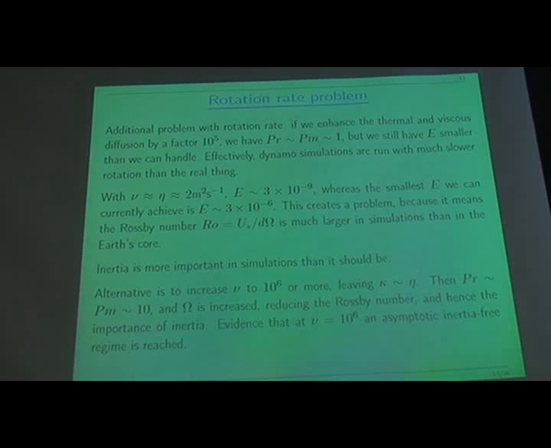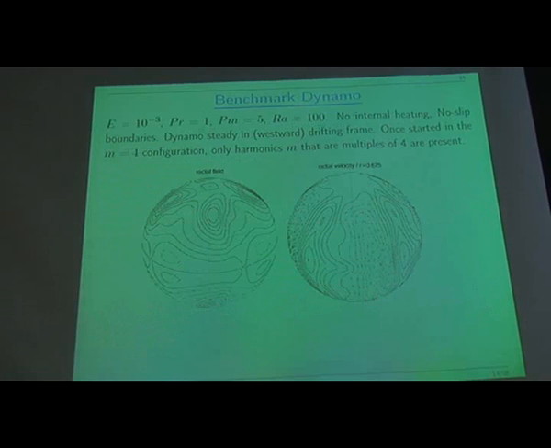But I'd argue that since we've enhanced the diffusivities anyway, that's perhaps not such a problem. And if you do that, then you can increase omega so that at least you can get the Rossby number correct, which in a sense I think is a better thing to do, because the balance of terms in the equation of motion is more accurately represented.